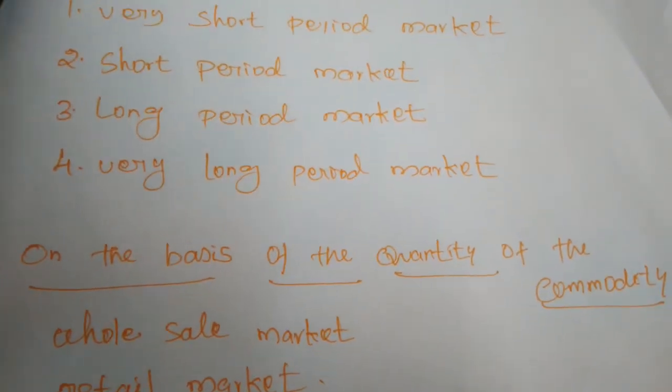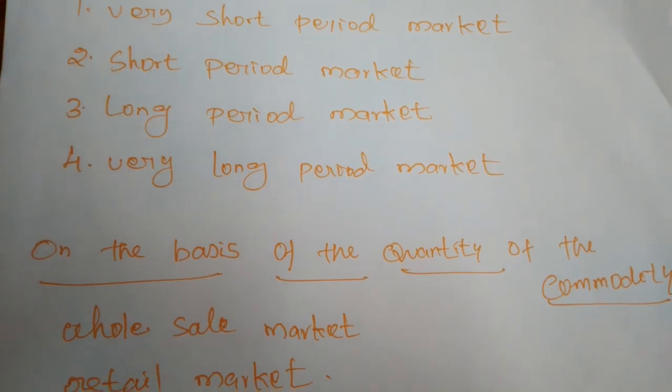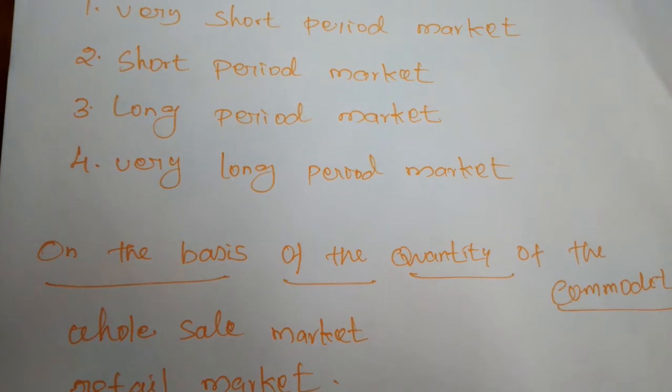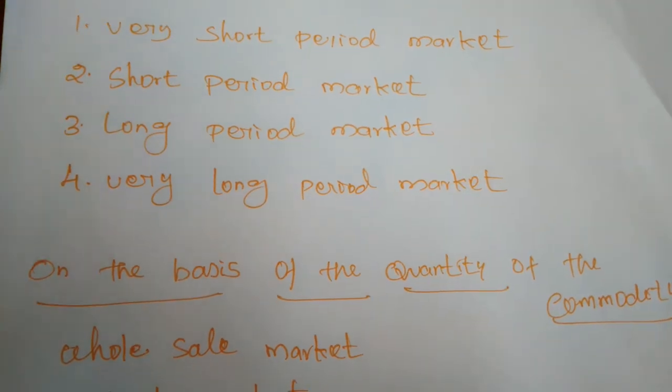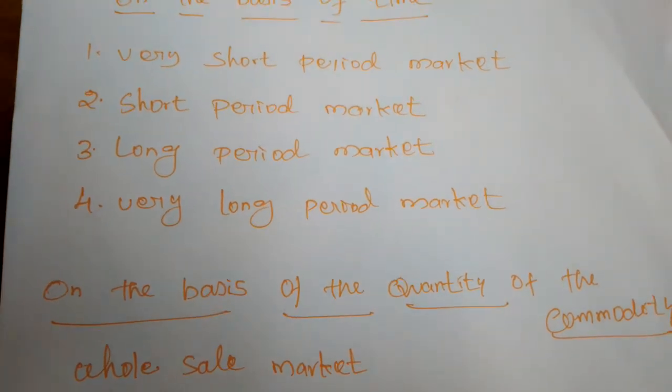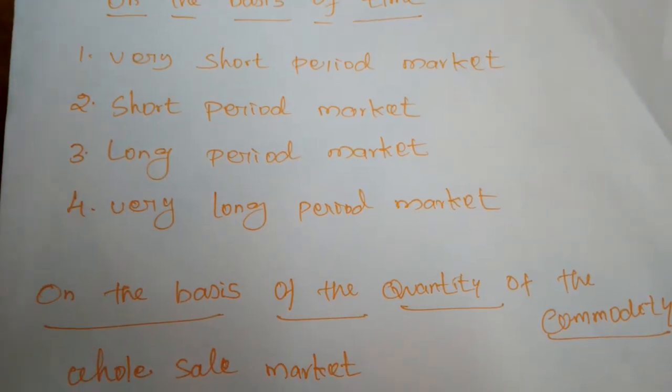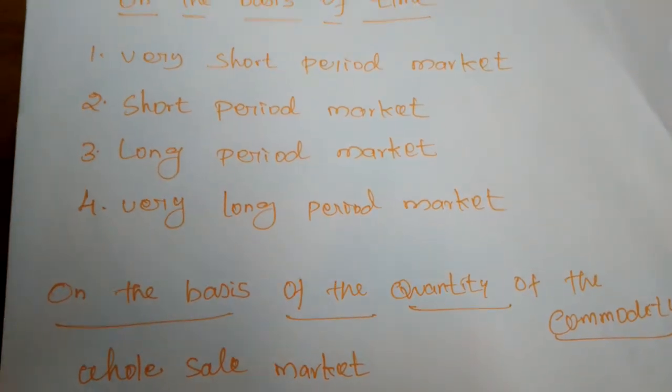Next, the very long period. The very long period occurs when the entire economy undergoes a drastic change. If our society undergoes a drastic change, new types of technologies are introduced and most modern products are produced.